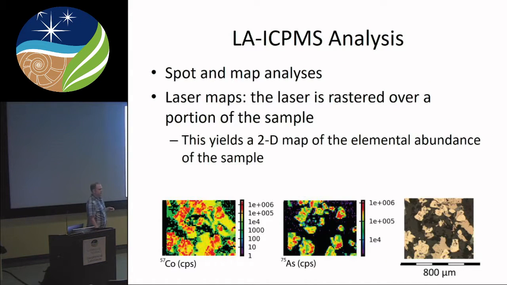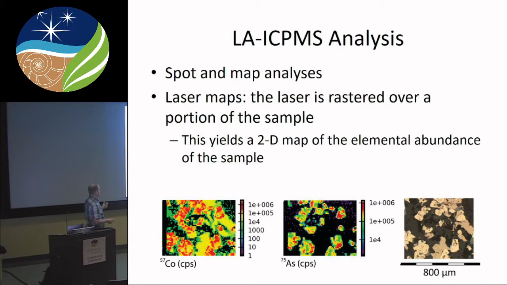There are 2 different ways that you do laser ablation analysis, both spot and map versions. For the laser maps, you raster the laser over the area of interest, and it gives you a 2-dimensional map of the trace elements in the sample. Or a spot analysis where you hold the laser in one position and ablate into the sample.